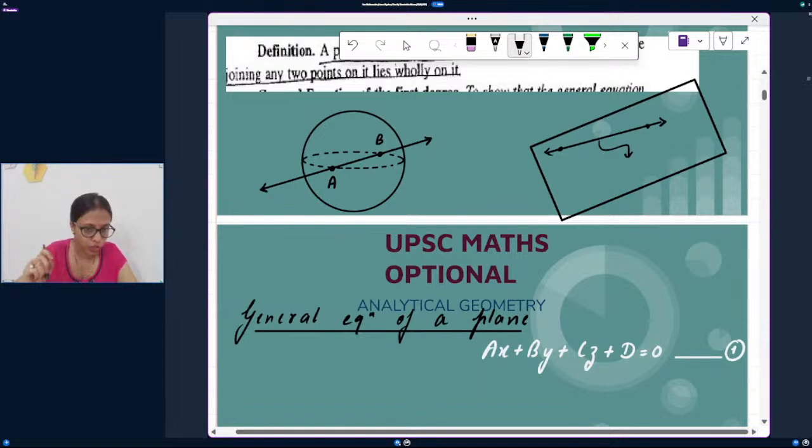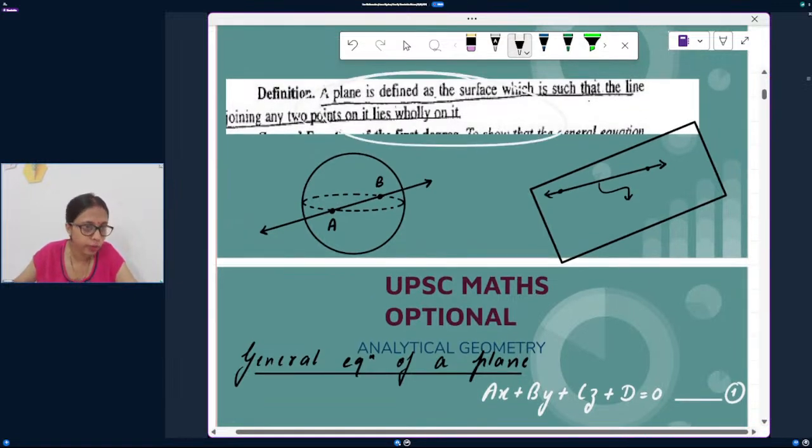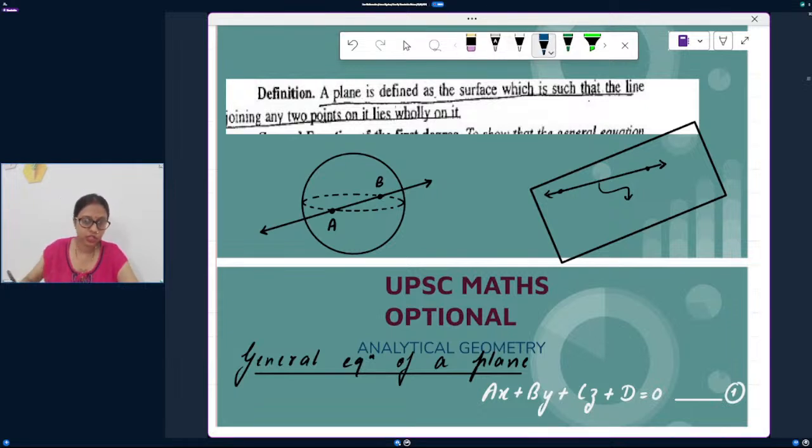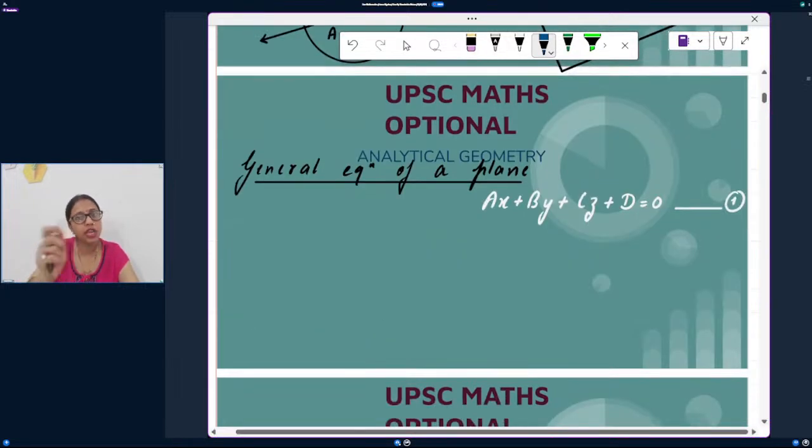Why is it the equation? If it is the equation of a plane, then it satisfies my definition of a plane. The definition says that if you take 2 points on that surface, then the line joining them lies on it. So let me take 2 points on this surface.